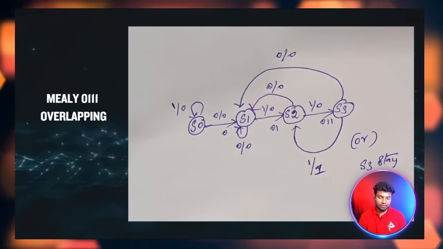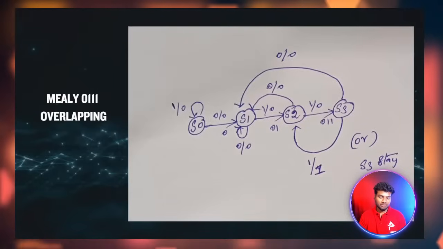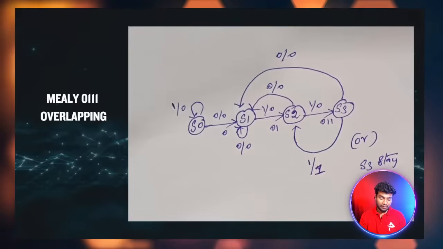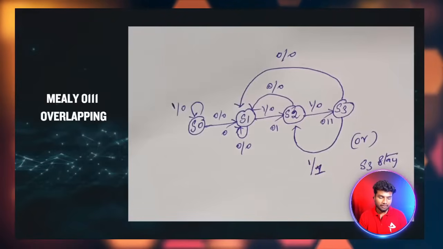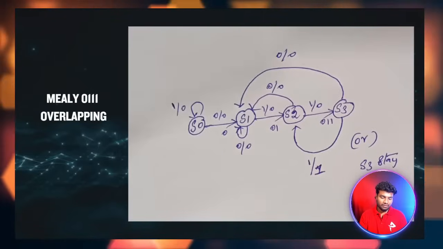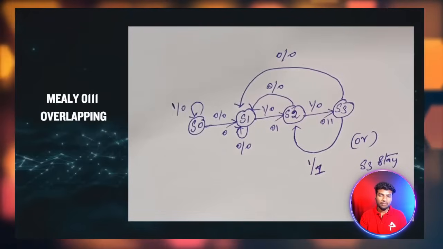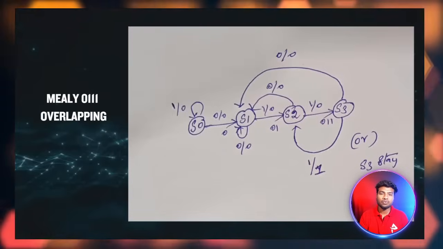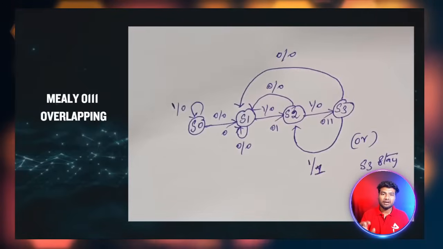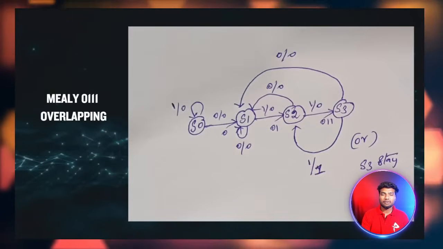Can we use memory elements for sequential operations? I'm not clear with your question, Kapil. The Moore machine also uses memory elements, but the output is determined based on the current state. It will store, and then give the output.